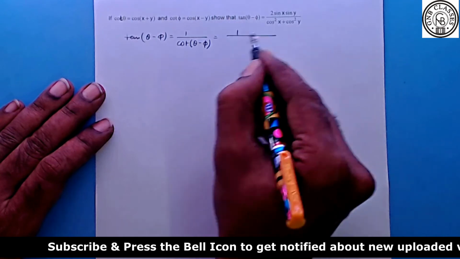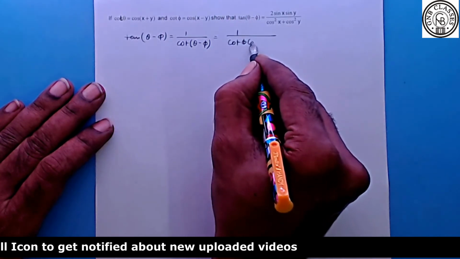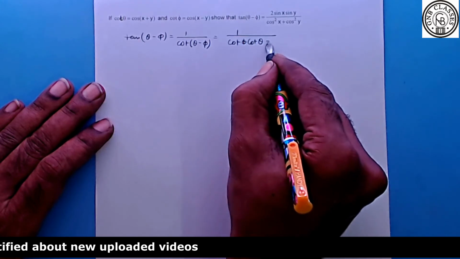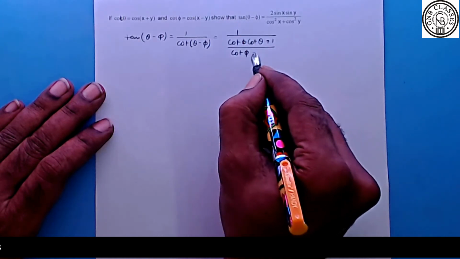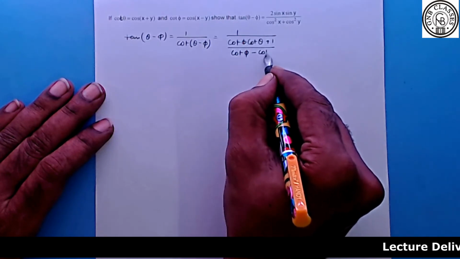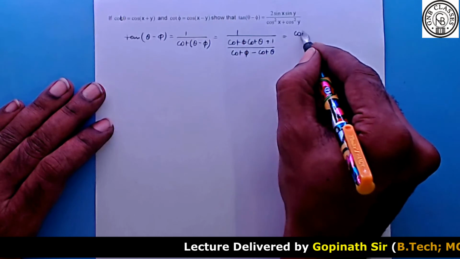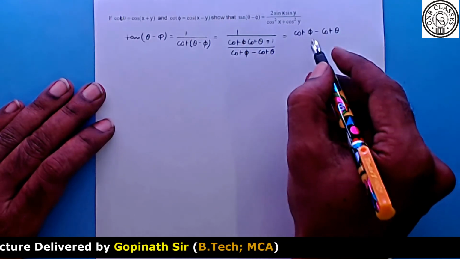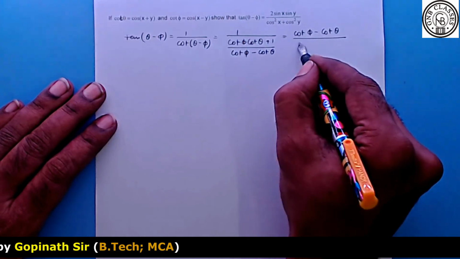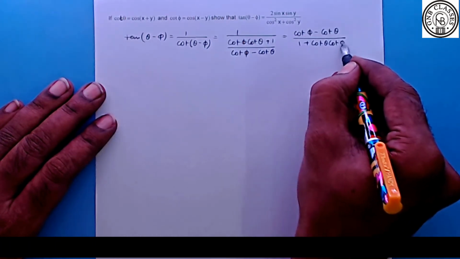I am applying the cot(a minus b) formula, which is (cot b cot a plus 1) divided by (cot b minus cot a). So it will go up and become (cot phi minus cot theta) divided by (1 plus cot theta cot phi).